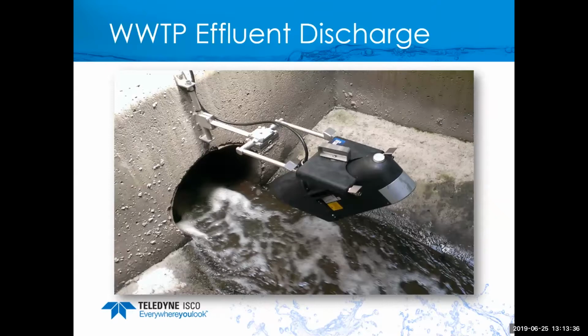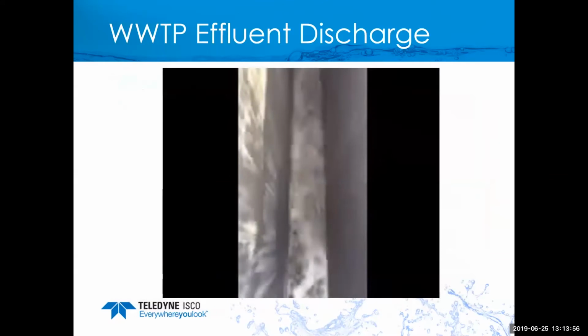Those are key because every degree off of 45 is about a 1% error in velocity. If you're not exactly perfect, or if it goes underwater and then comes back from being submerged, if you're off a degree, it can affect your accuracy. The laser with the built-in accelerometer will take that into account and mathematically correct for it. So easy to install and a very, very good way to compensate for it.